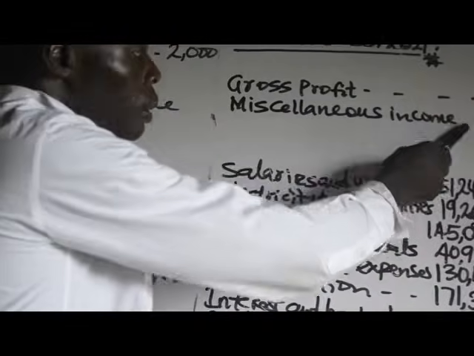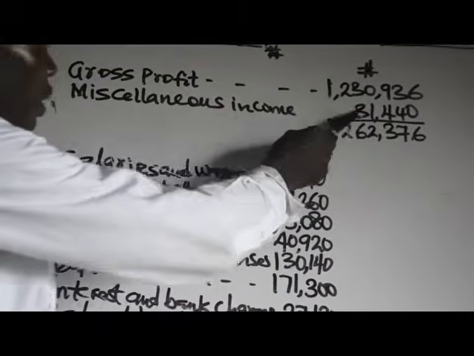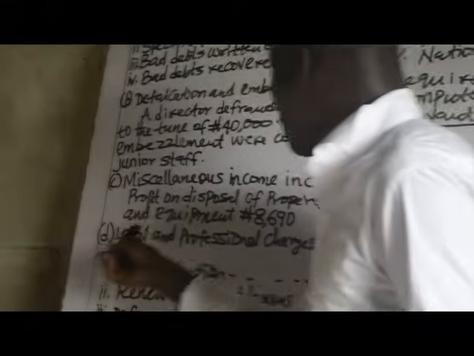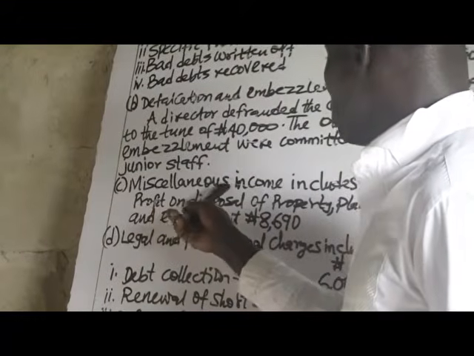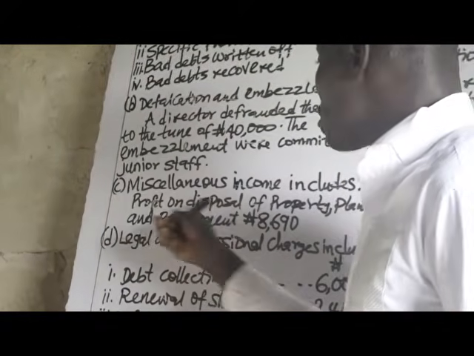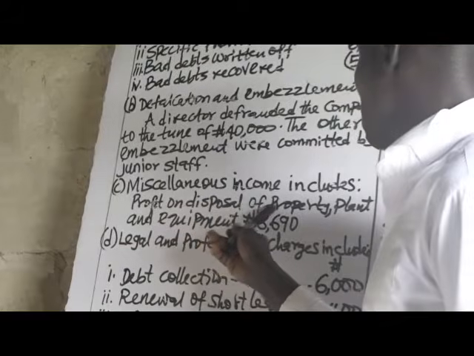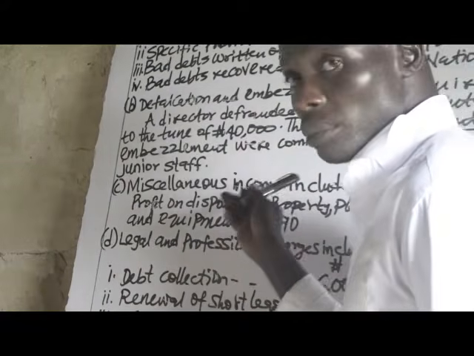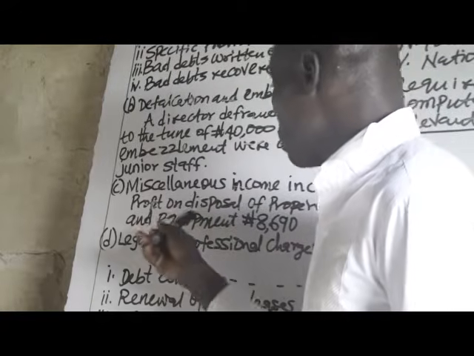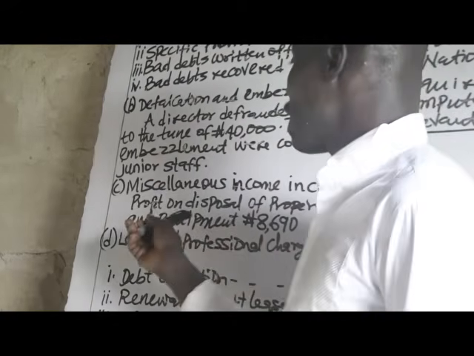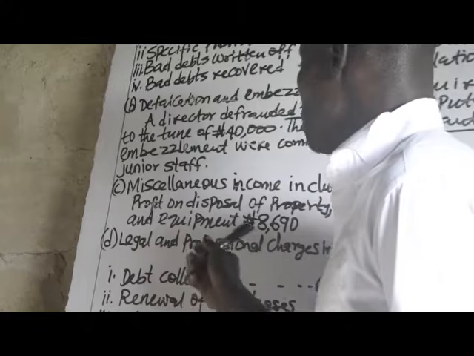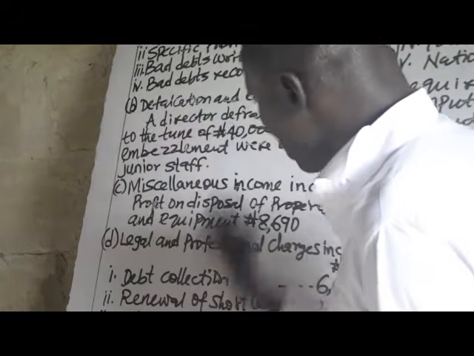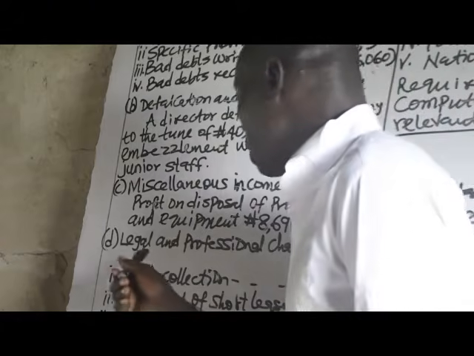Miscellaneous income 31,440. So that means it is not taxable income reported in the account. This income is not taxable and it has been included. It has been reported in the account because it has been included in the miscellaneous income. It is not taxable. Therefore, you are going to less that. I've told you that not taxable income previously reported in the account, you are going to less that. So let's leave that if we identify those things to be added first.